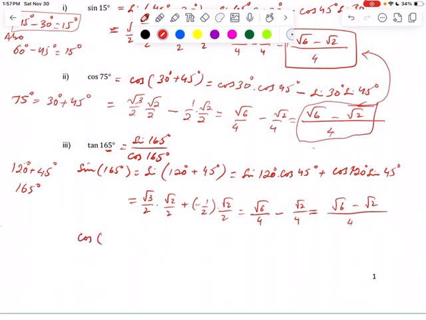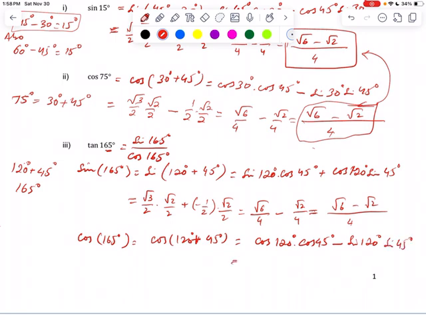Now we find cosine of 165. So this will be cosine of 120 plus 45, which means cosine of 120 times cosine of 45 minus sine of 120 times sine of 45. Why minus? Remember, in the cosine, when you have a sum of angles, the formula says we get a negative sign here.